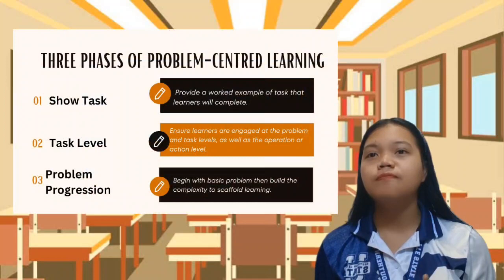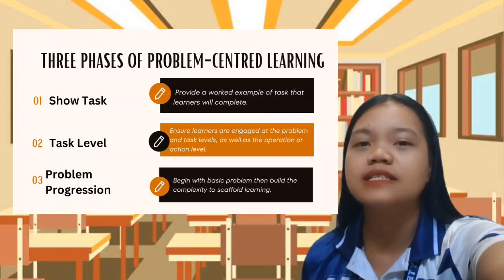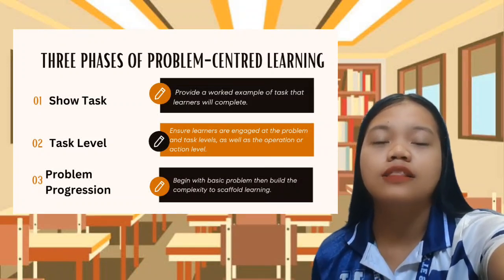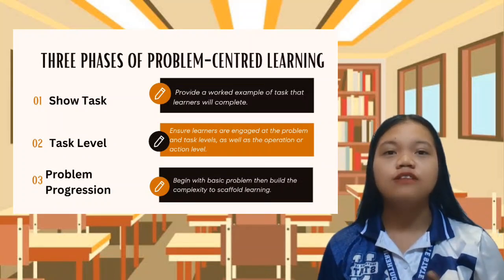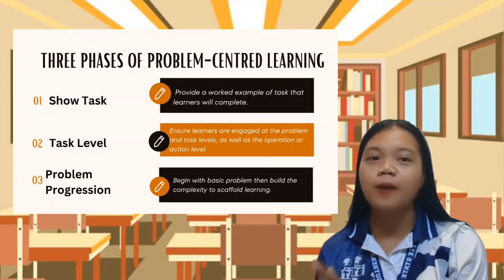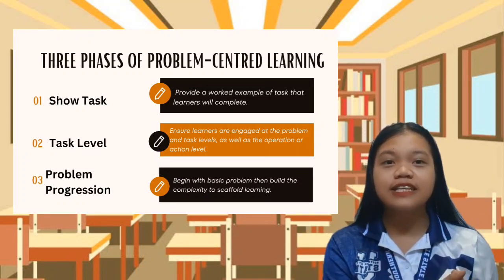So the third phase of problem-centered learning is problem progression. Begin with the basic problem, then build the complexity to scaffold learning. This phase involves a strategic approach to learning that starts with simple problems and gradually increases in complexity.